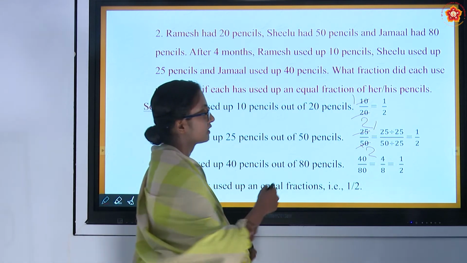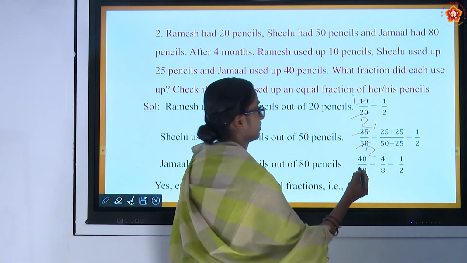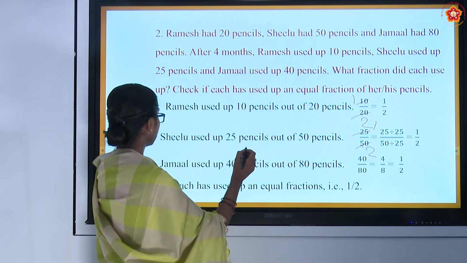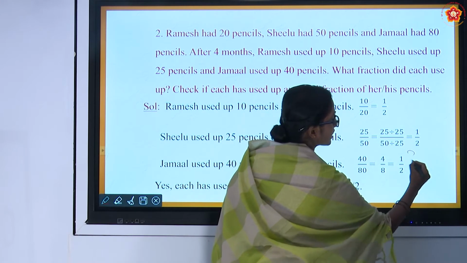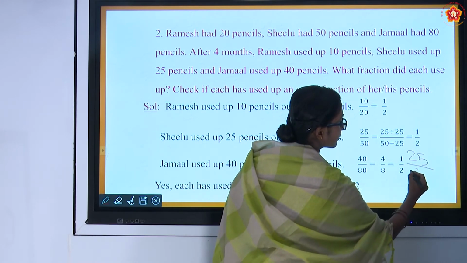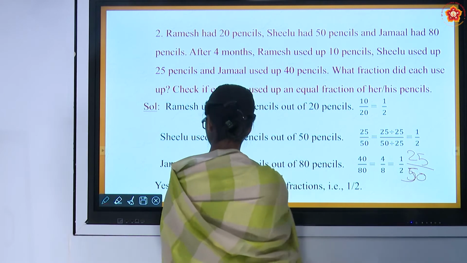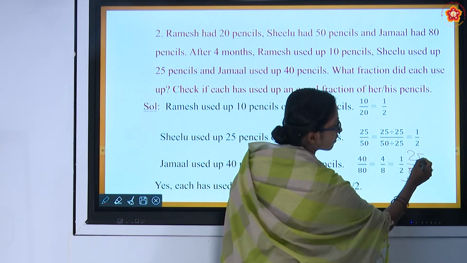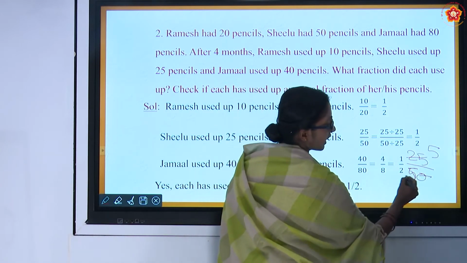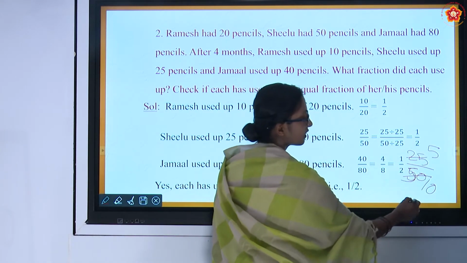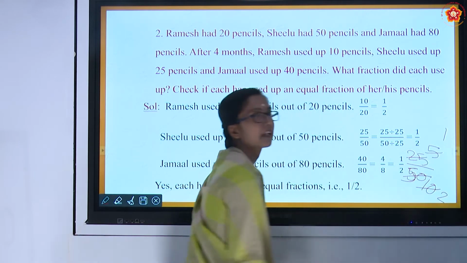Even through 5 ones you can also do it, but it takes a bit of a lengthy step here. Let me show it. If it is 25 by 50, 5 5s are 25, 5 10s are 50, 5 1s are 5, 5 2s are 10.